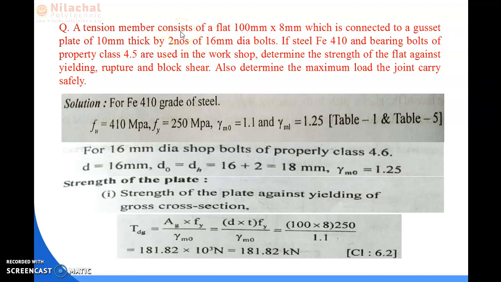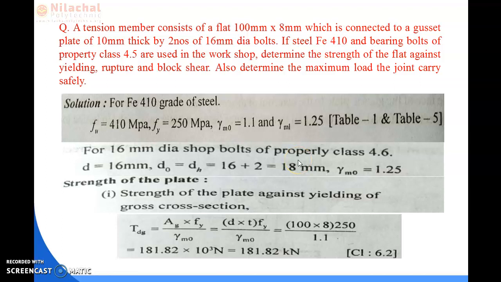The thickness of the gusset plate is 10 mm, and the property class of the bolt is 4.6. Due to the bolt diameter of 16 mm, the bolt hole diameter should be 18 mm.